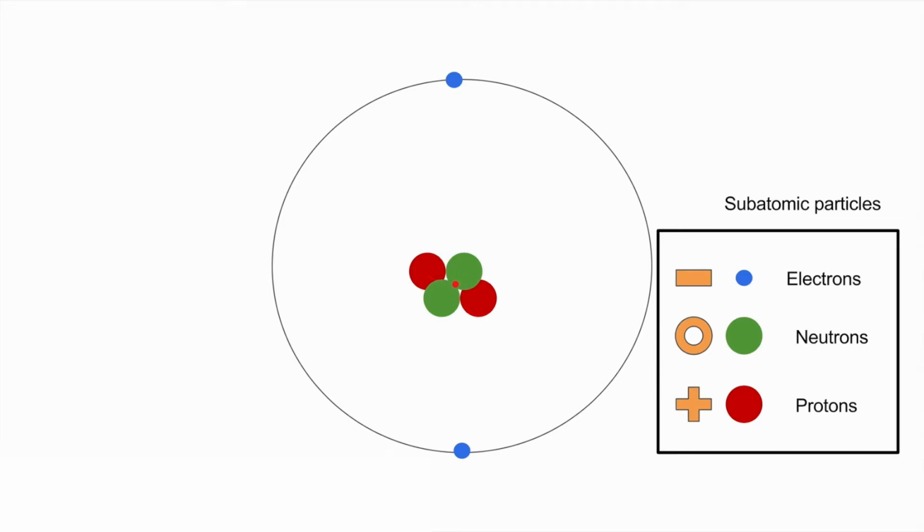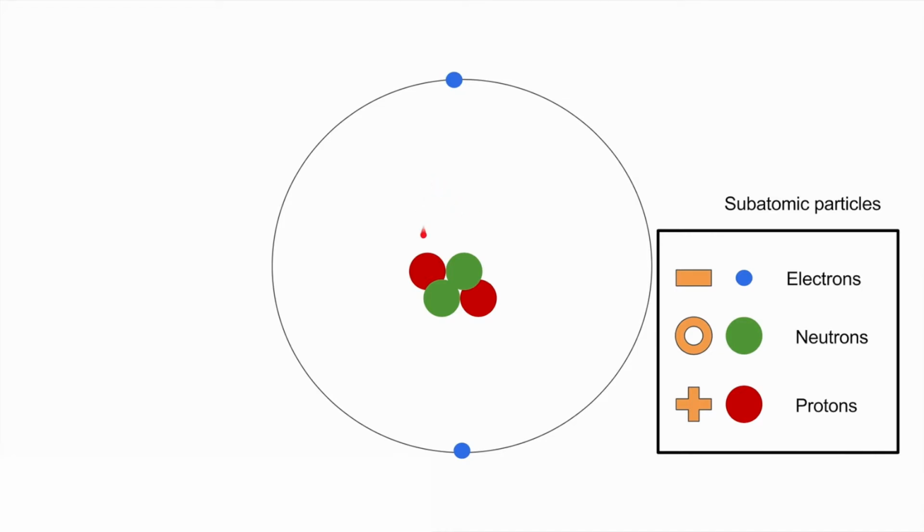But the positive and negative charges cancel each other out. This means that my atom is neutral. In fact, all atoms in their natural state are neutral, meaning that they have the same amount of protons as electrons. The amount of neutrons that an atom has, again, doesn't really matter to the charge of the atom because they have a neutral charge.